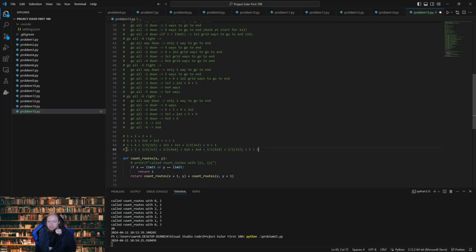All minus 1, so 4 to the right, 3 to the right, 2 to the right, and then this is just 1 to the right. And then obviously this is symmetrical, as we saw.